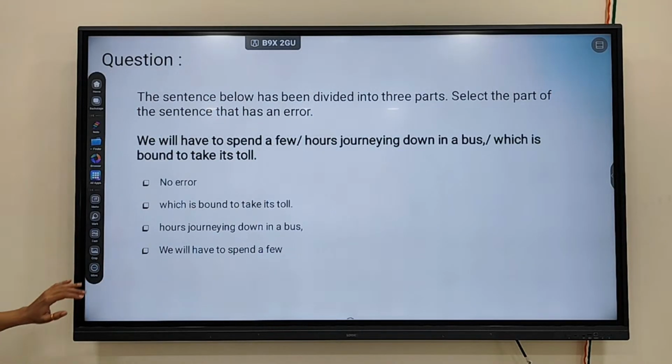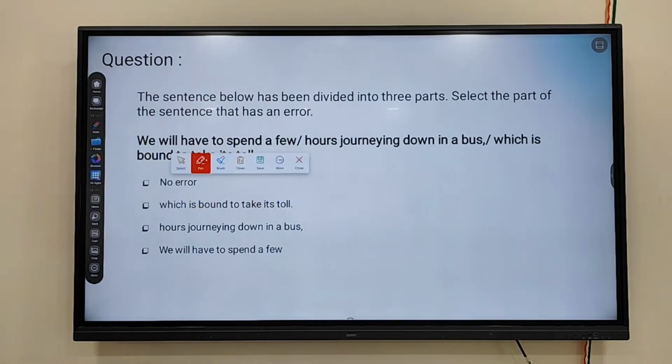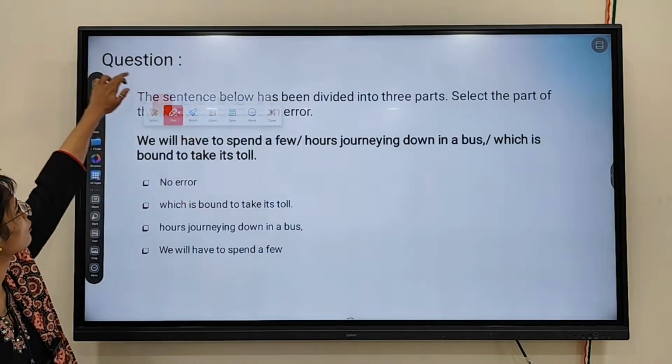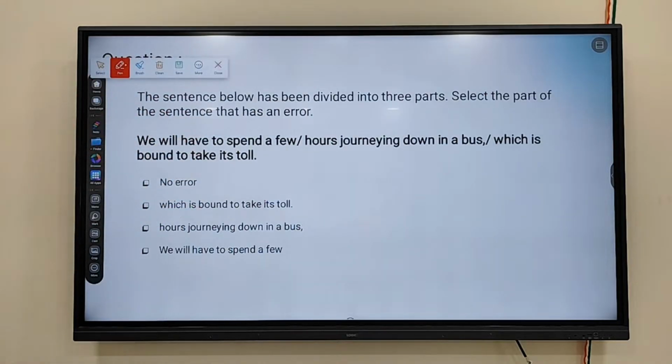Correct answer. We will have to spend a few hours journeying down in a bus which is bound to take its toll. What is the problem? Which is bound to take its toll.